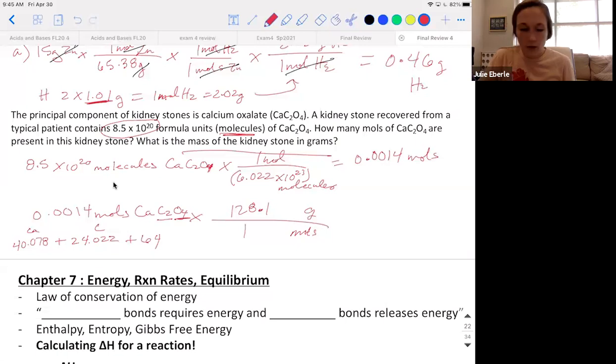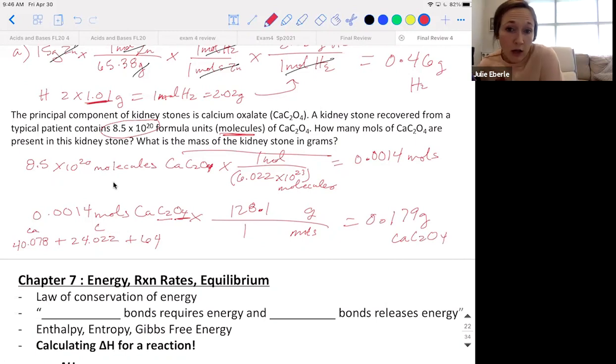So now we do 0.0014 times 128. And we get that there is 0.179 grams of calcium oxalate. So we know a dollar bill weighs about a gram.